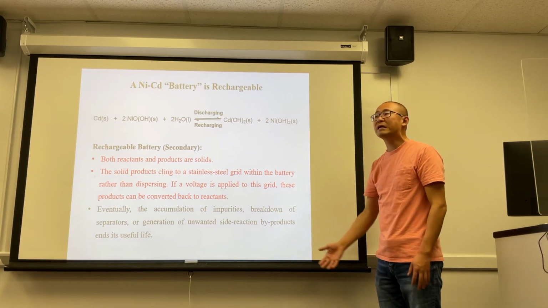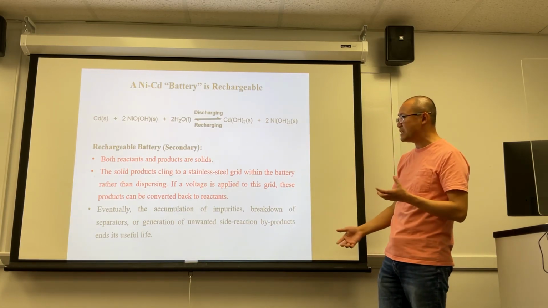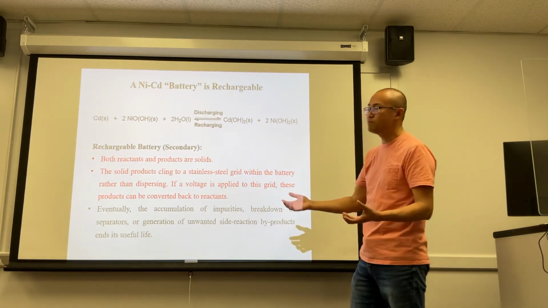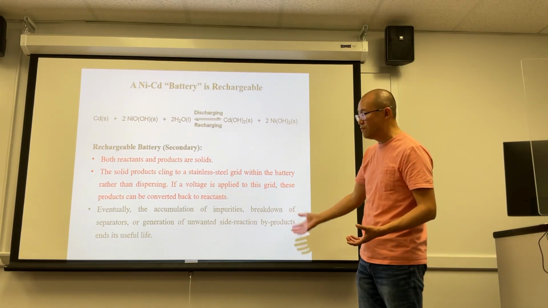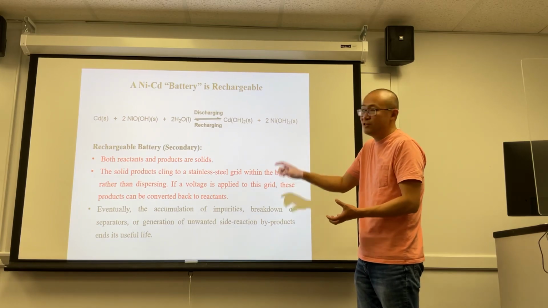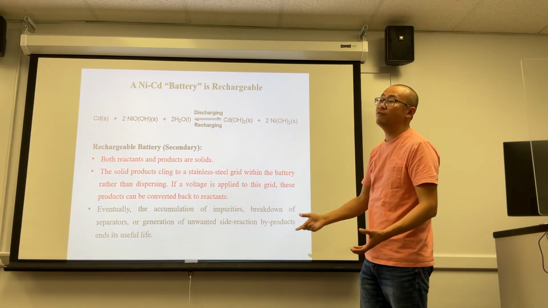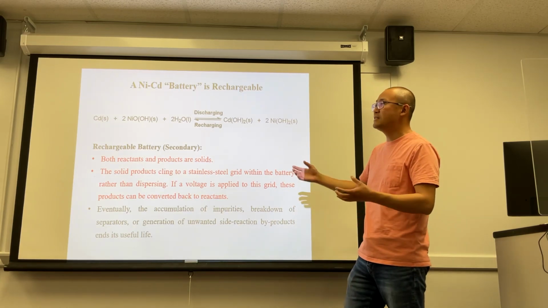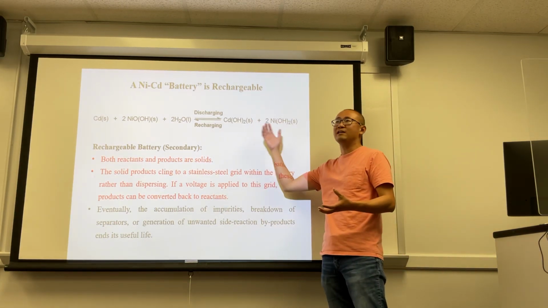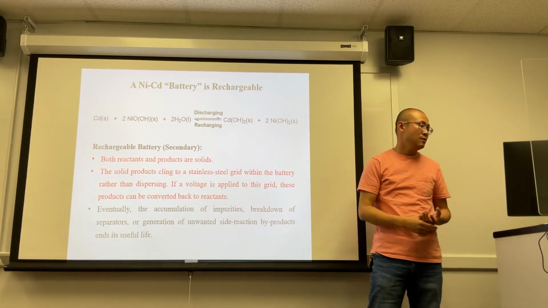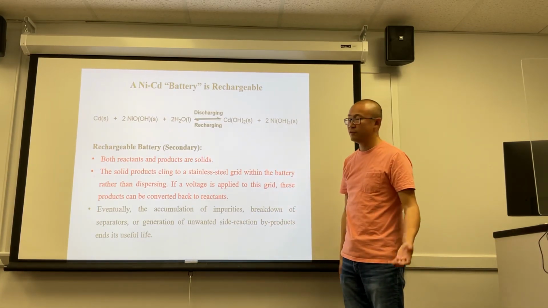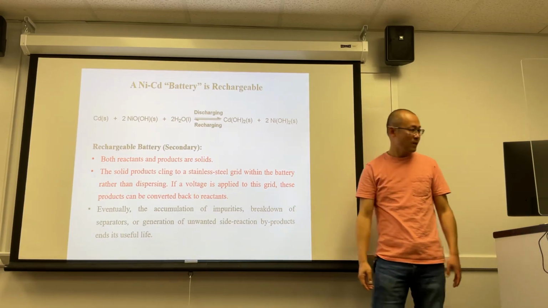Of course, eventually, the accumulation of impurities, breakdown of the separators, and generation of some byproducts will shorten and eventually end the life of a rechargeable battery. It's not forever. You will have debris inside the battery and breakdown of the reactants and products. Eventually, the rechargeable battery life will be shorter and shorter, and eventually it will be dead.